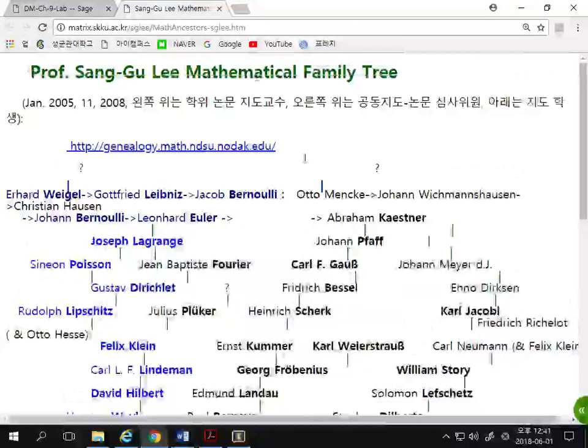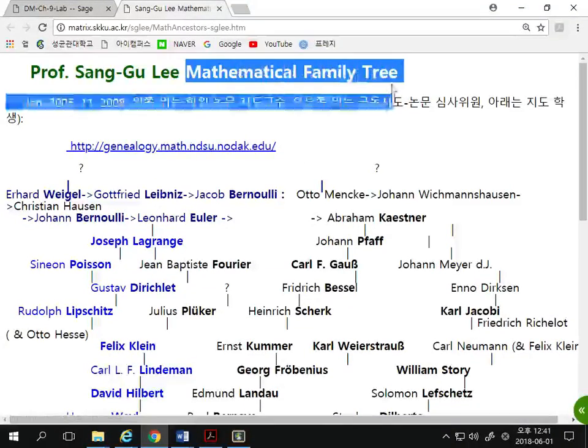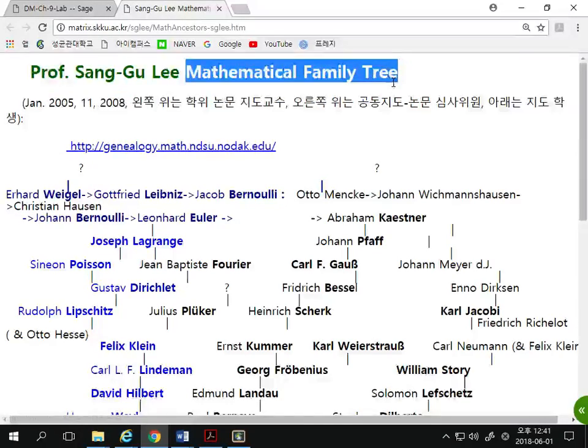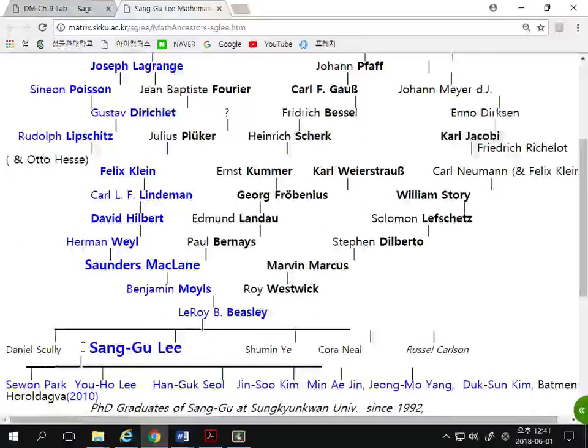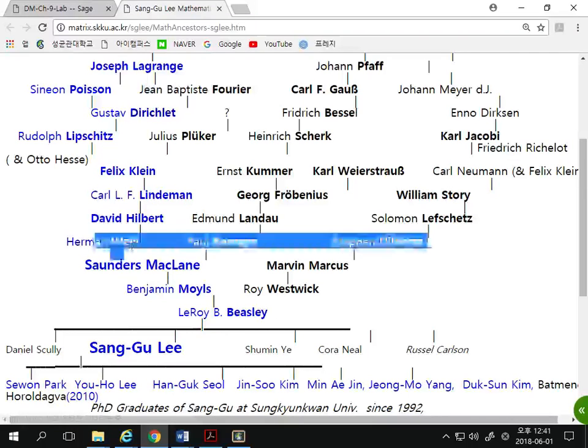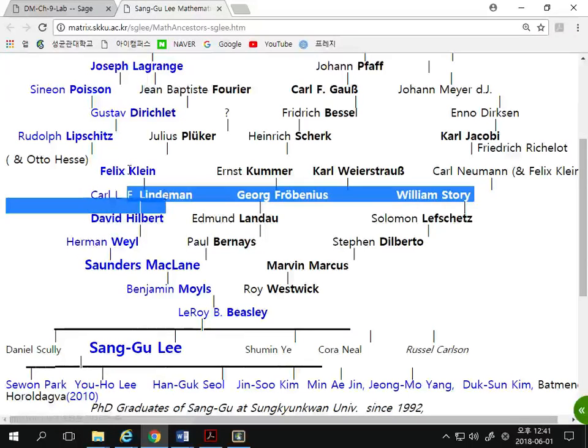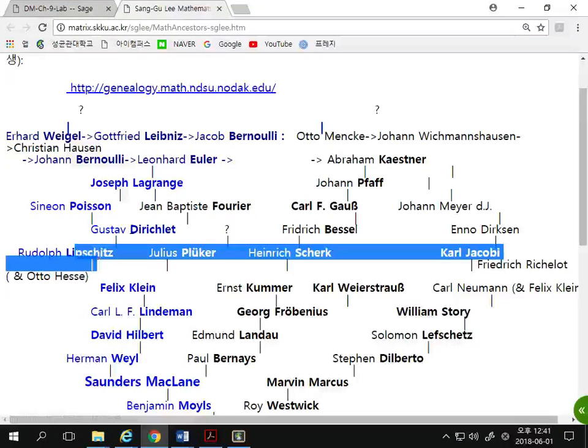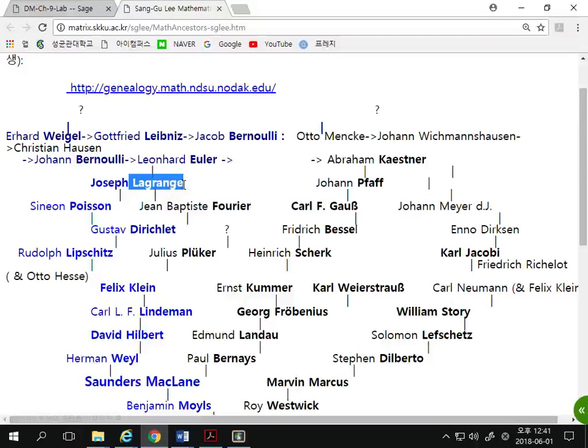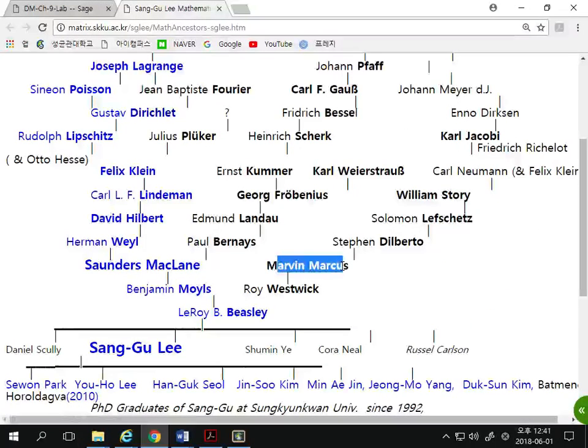This is my mathematical genealogy. This is my family tree in mathematics. My academic fathers, grandfathers, and great-grandfathers include David Hilbert, Felix Klein, Lefschetz, Poisson, Lagrange, Leibniz, etc., and Frobenius, Karl Weierstrass, and Gauss also.